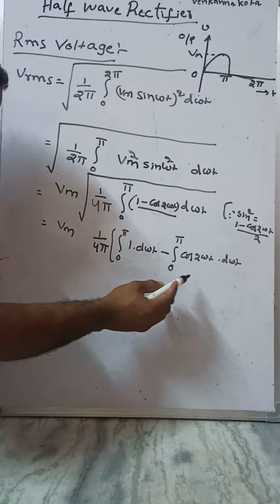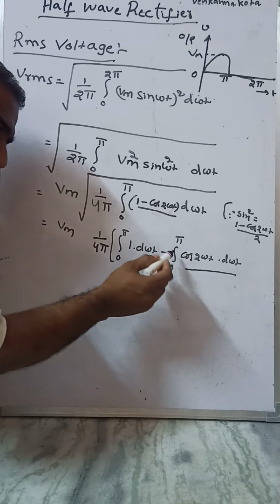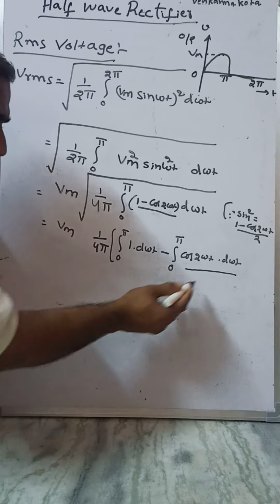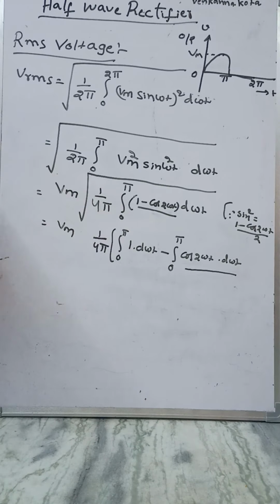So this cos value becomes 0. Why? Because the cos terms at the limits cancel out. So the total value becomes 0.